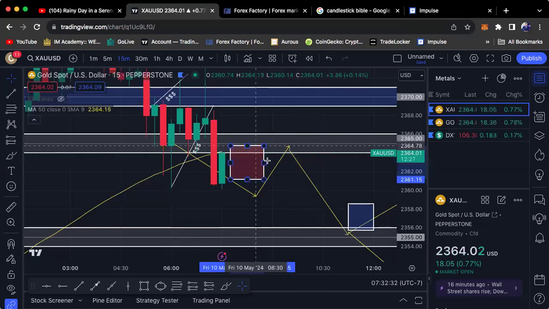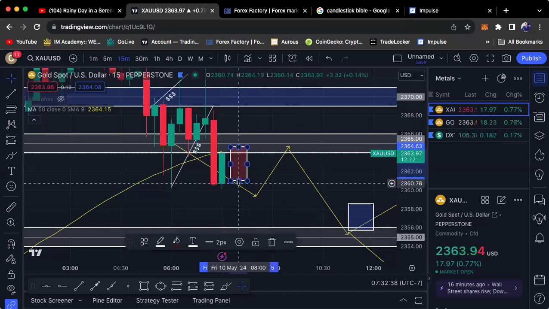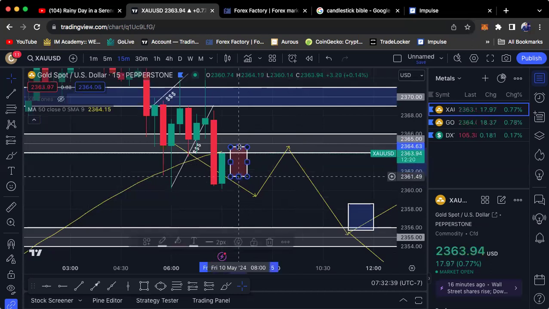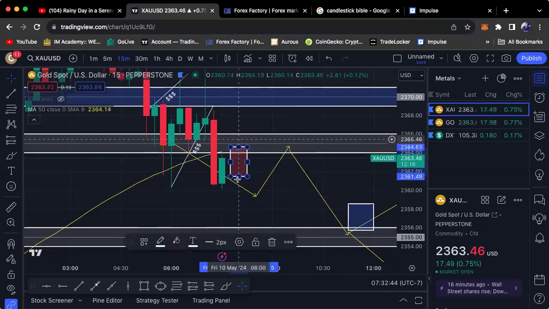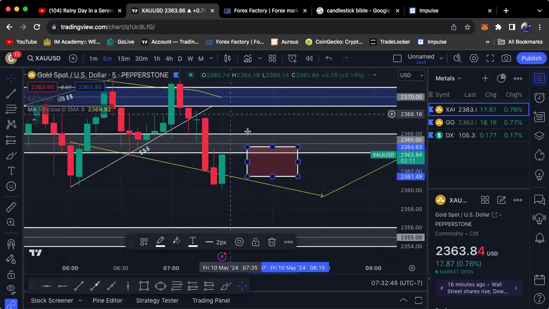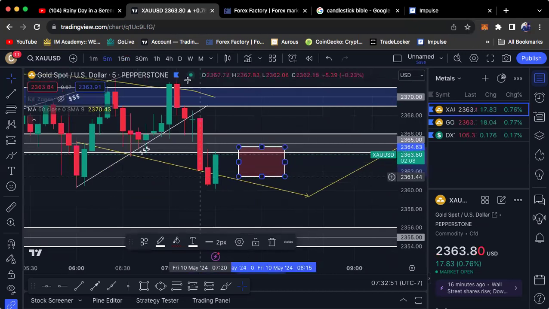If it forms at the 15-minute, then I'm gonna take the sell. If it gives me a wick and it pushes down, then that's a confirmation for a sell. Then that's when you take the sell. Not right now, because I'm not getting a confirmation candle.